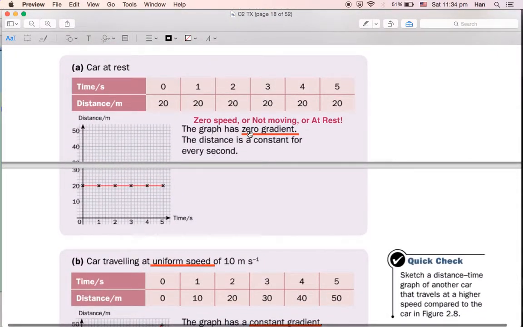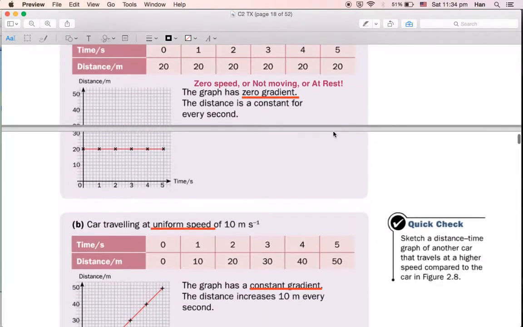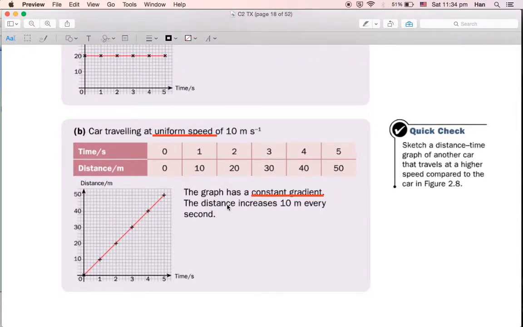For scenario 1, please highlight the words zero gradient. Zero gradient means it's flat horizontal. Above that, write down these words: zero speed, or not moving, or at rest. That's for the first scenario. For the second scenario, underline the words constant gradient and uniform speed.